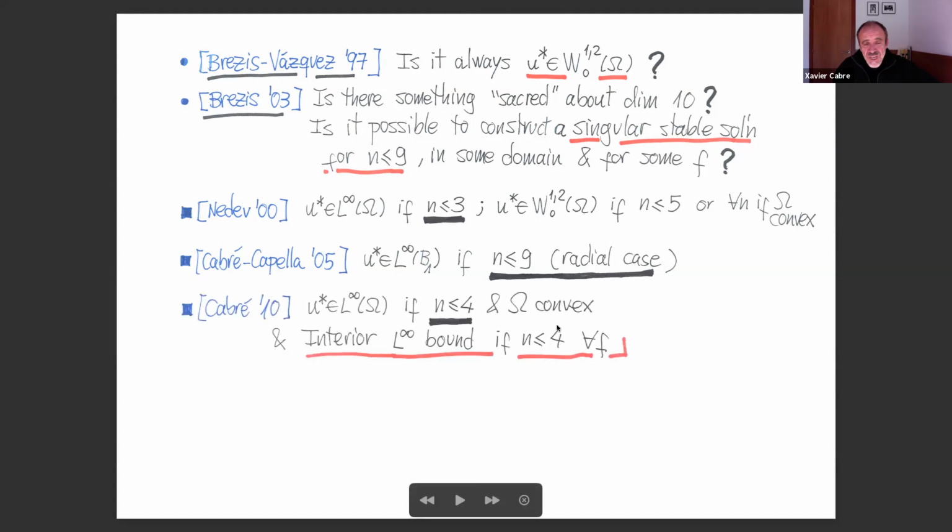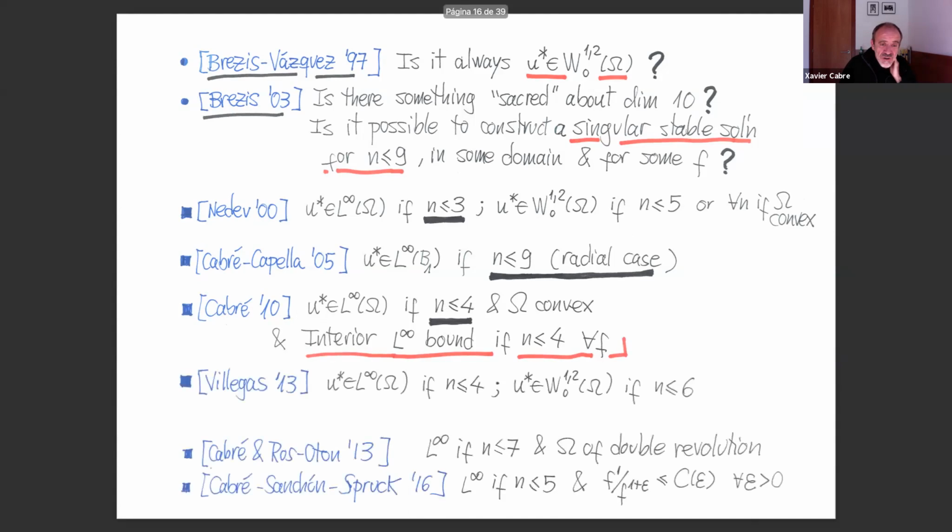And in the non-radial case, the only definite result was another one by me in 2010, proving the result up to dimension 4, also for any nonlinearity. Okay, so from then on, dimensions 5, 6, 7, 8, 9 remained open.